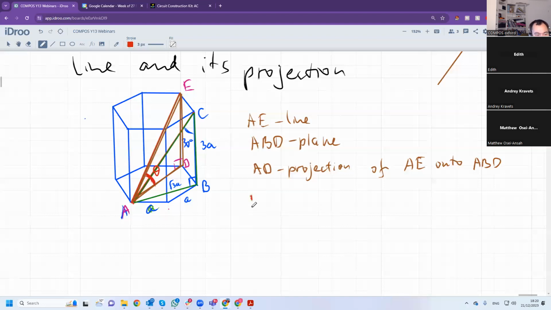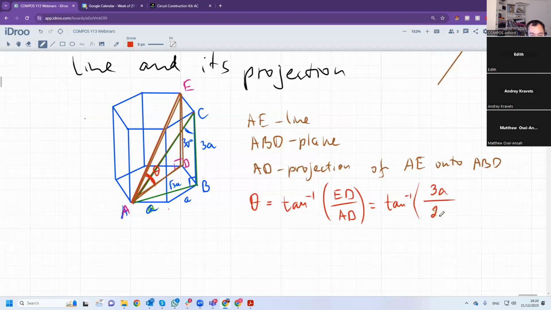So angle theta is equal to the inverse tan of ED over AD. And that should be quite simple. So ED is 3a and AD we've established is 2a. So a cancels, tan of 3 over 2.